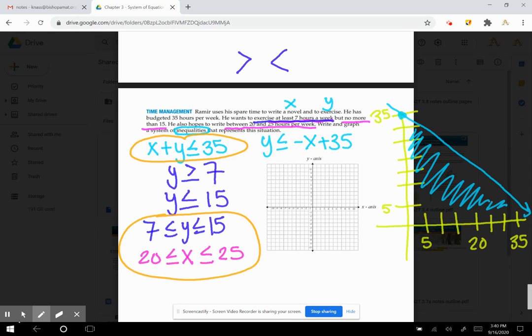All right, let's do the blue one. Let's do this blue novel. Okay, so y is 7, so here's 5, so we'll make this 7 right here. So you have a solid line going through there. And then at 15, 5, 10, 15, here's 15. You have a solid line going through here.